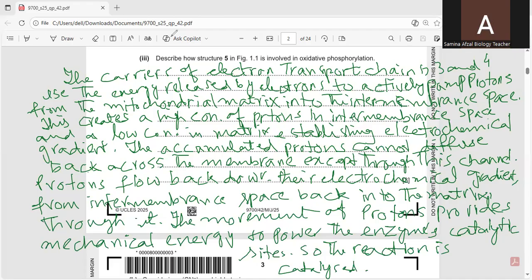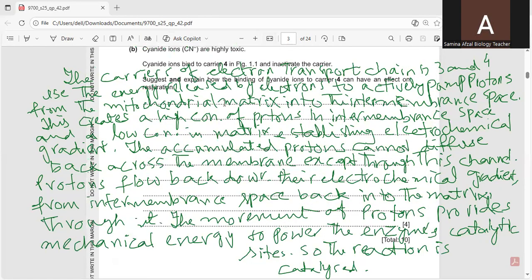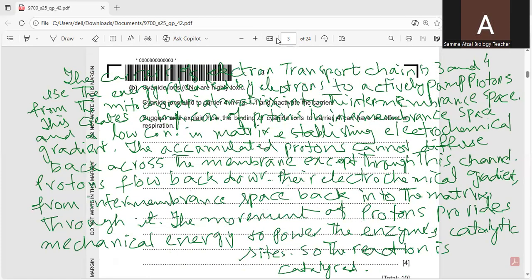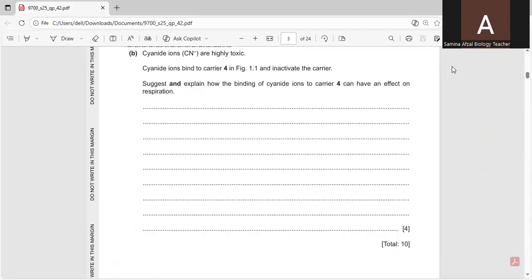Moving towards the next part of this question. This question is, cyanide ions are highly toxic. Cyanide ions bind to carrier 4 in figure 1.1 and inactivate the carrier. Suggest and explain how the binding of cyanide ions to carrier 4 can have an effect on respiration.